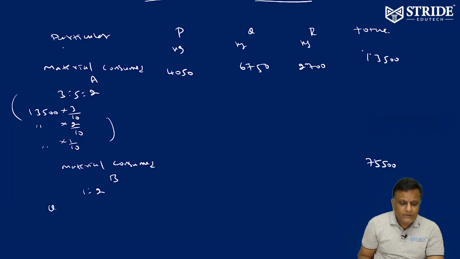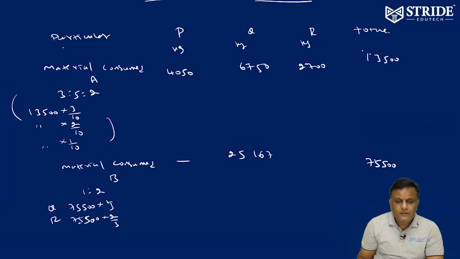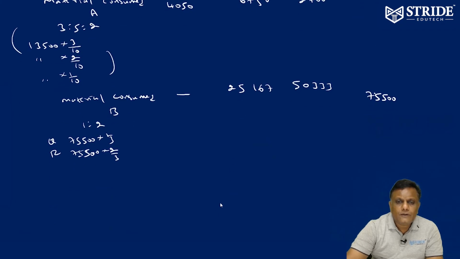This is to be apportioned between Q and R. There is no metal P in product B, only Q and R. So 75,500 into 1/3 and 75,500 into 2/3. The material consumed is 25,167 for Q and 50,333 for R. This is the material consumed for A and B, for P, Q, R.